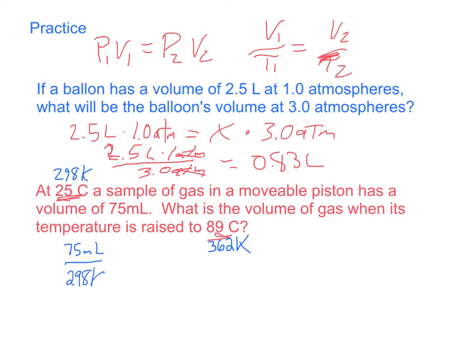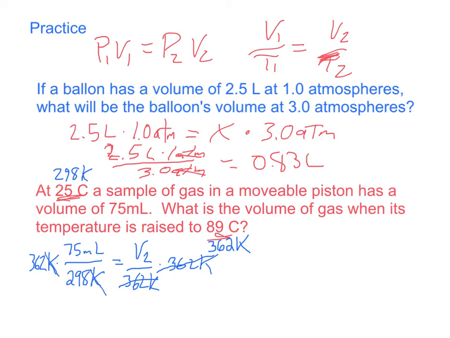And then we have to multiply both sides by 362, because this is how math works. Simple algebra here. This cancels itself out, unit and number, and on that side our Kelvins cancel out, leaving us with milliliters.